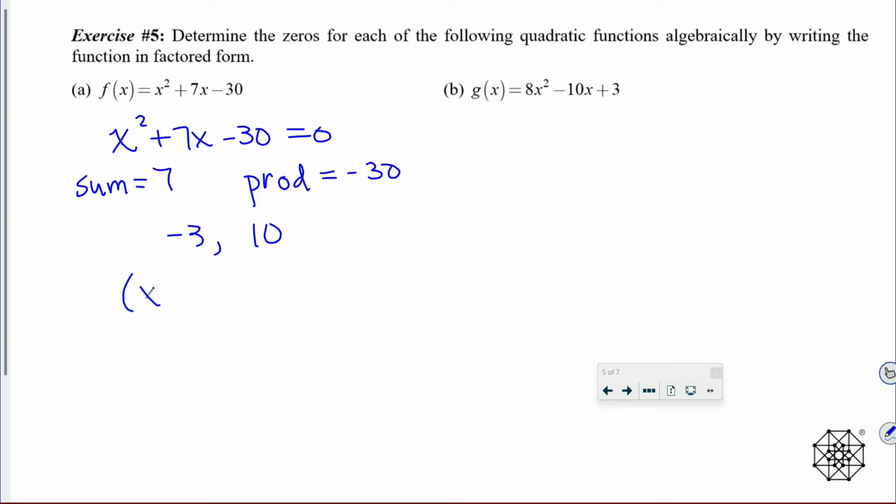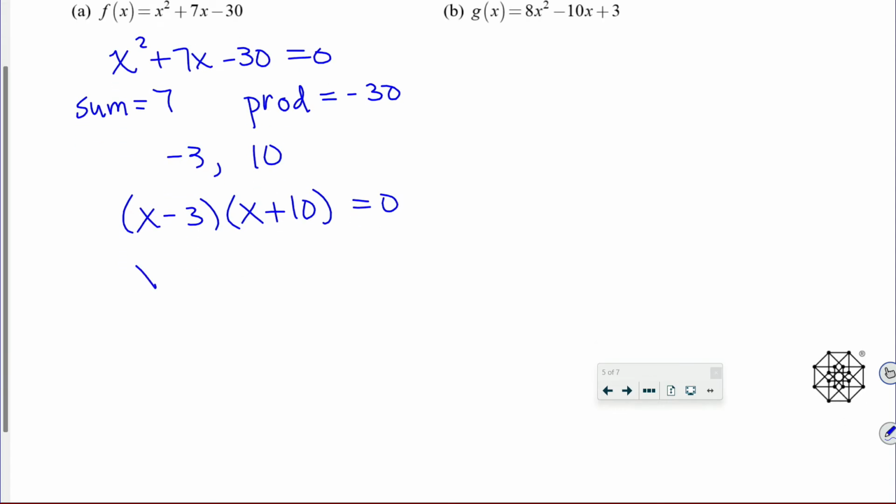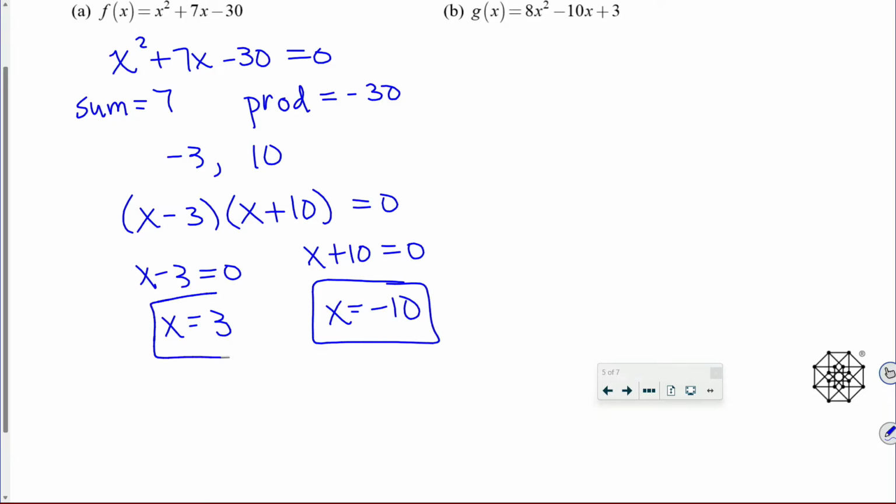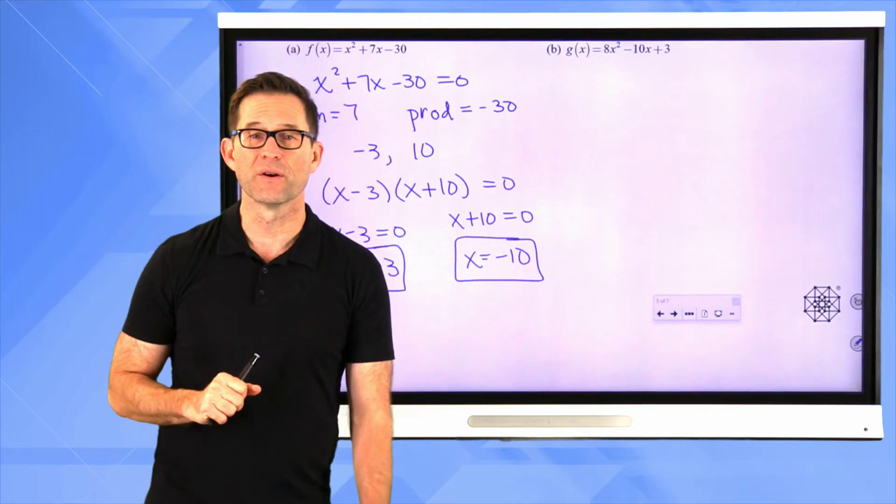That means I can now factor this as x minus 3 times x plus 10 equals 0. X minus 3 will be equal to 0, and x will be 3. That's one of the function's zeros. X plus 10 is equal to 0, and x equals -10. And there are my two zeros.